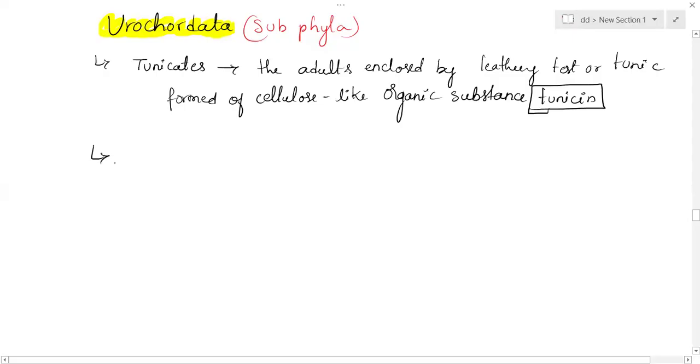And here the notochord is present only in the tail of the larva, and hence it is named Urochordata. So the notochord is only present in the tail region.